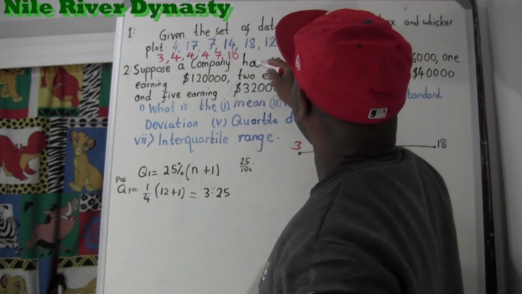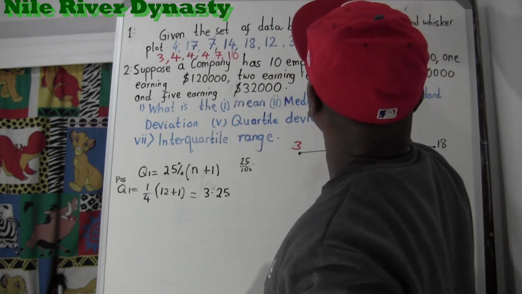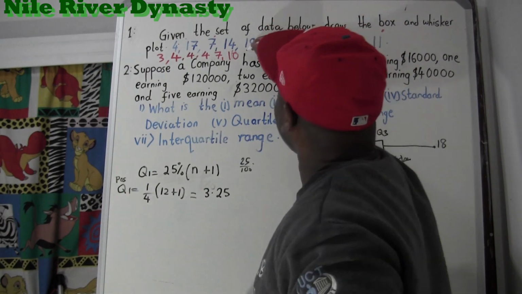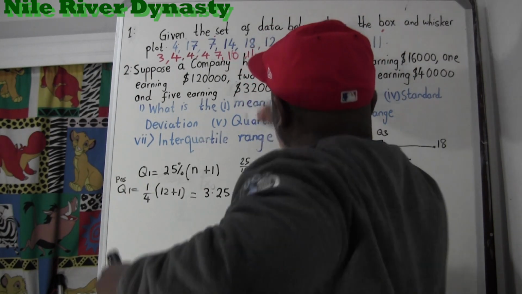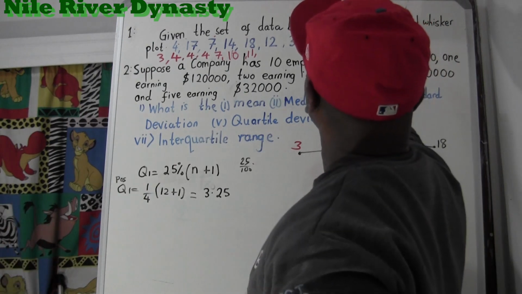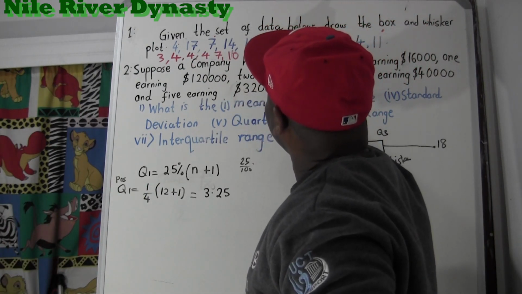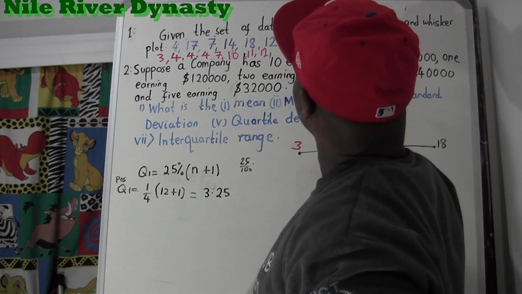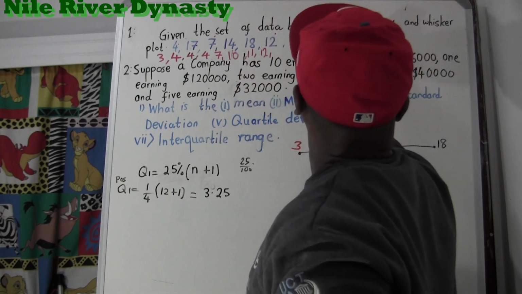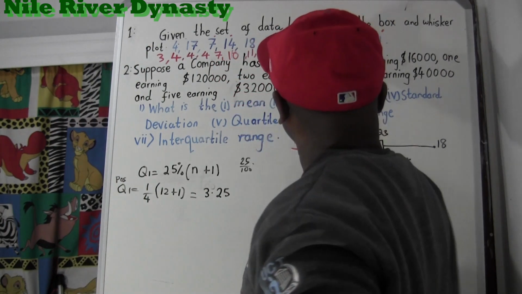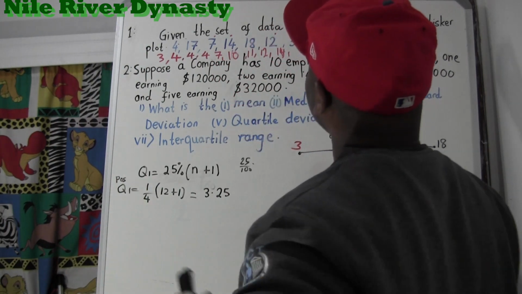Then the next one is 11. If you're in an exam, cancel this. After 11, I think 12. Next one, 14. So 14 is gone. Now we just go after 14.